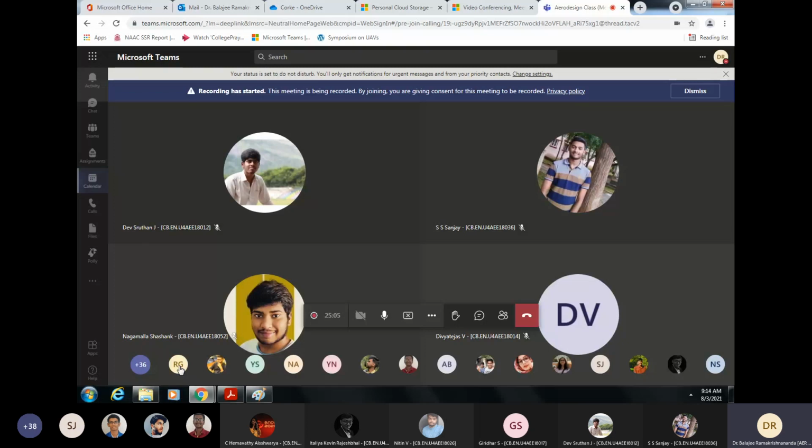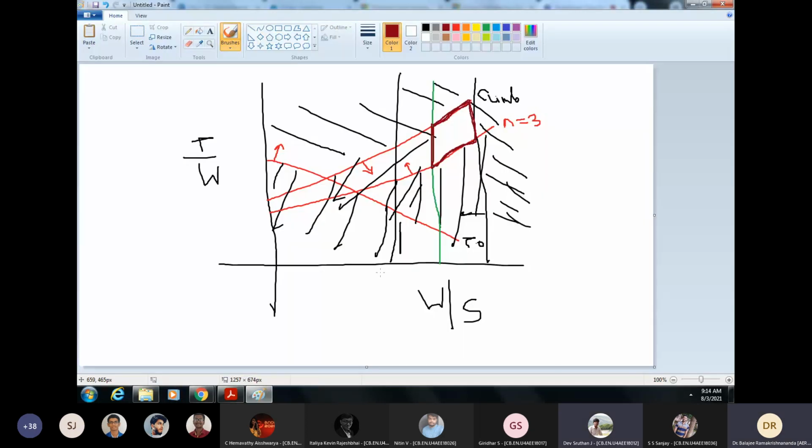So you have to choose your wing loading within this feasible region. Typically, if other things don't warrant anything else, you'll choose a wing loading as high as possible, and the thrust loading T by W as low as possible.